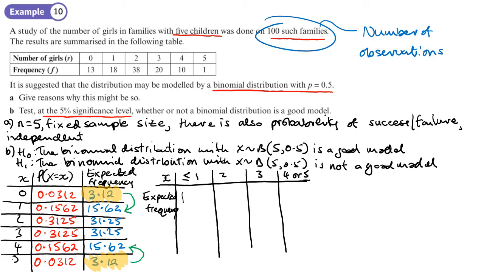So I'll have 18.74 here and at the end, and then I'll have 31.25 for these two. Now because I've combined those, it also means that these need combining and these need combining as well when I work out x squared. So I'll have 31 at that end and 11 at that end.